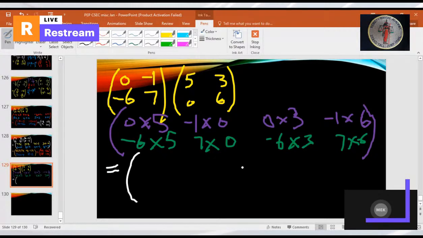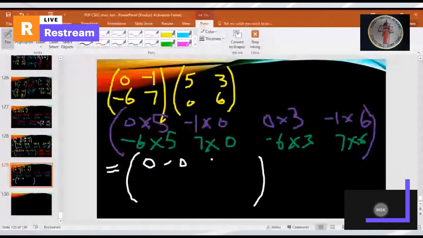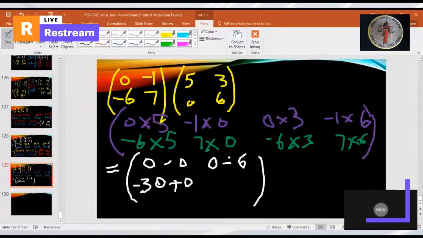And 5, that's 0. -1 times 0. 0 times 3 is 0. -1 times 6 is -6. -6 times 5, so that's -30. 7 times 0 is 0. -6 times 3, that's -18. 7 times 6 is a positive 42.